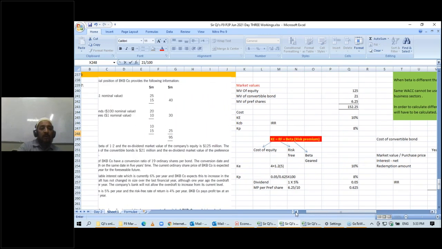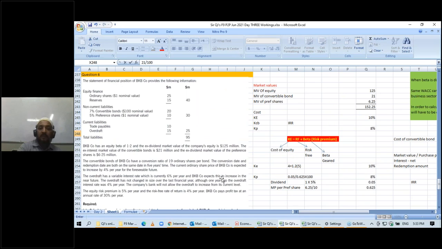In order to calculate the number of bonds, just check over here that the capital is 20 million. So you need to divide 20 million by 100 in order to know the number of bonds, right? If you divide 20 million, which is the face value, by 100, you get the quantity, right? So that's what I am going to do.